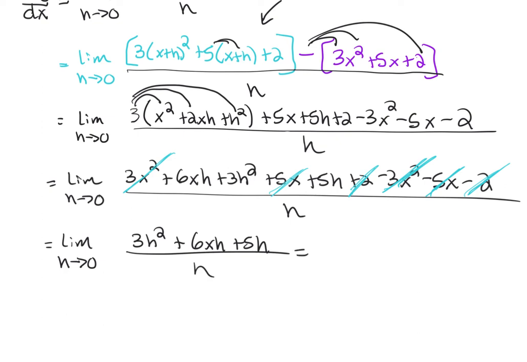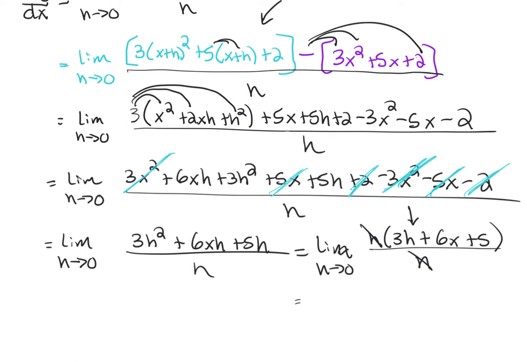Factor that h out. So h(3h plus 6x plus 5) all over h. My h's cancel, and I can plug in 0 for h. So 3 times 0 plus 6x plus 5 is 6x plus 5.